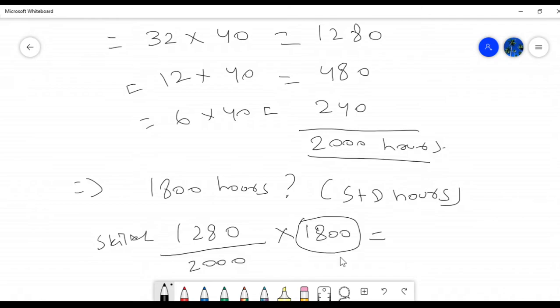If my total standard labor hours is 2000, then my skilled labor is 1280. If my total standard labor hours is 1800, then what is my skilled labor? That we need to identify.